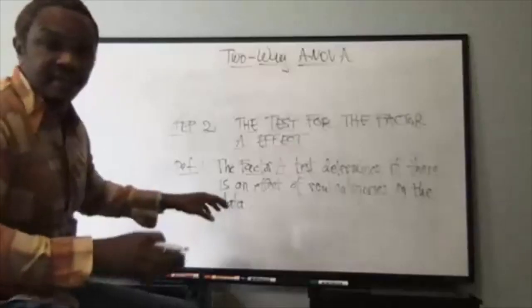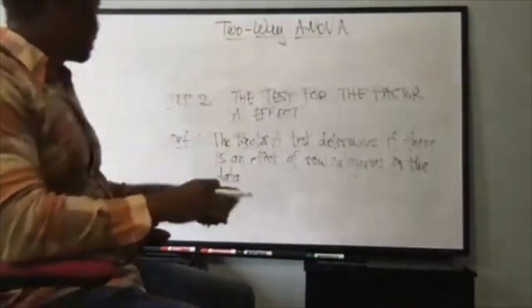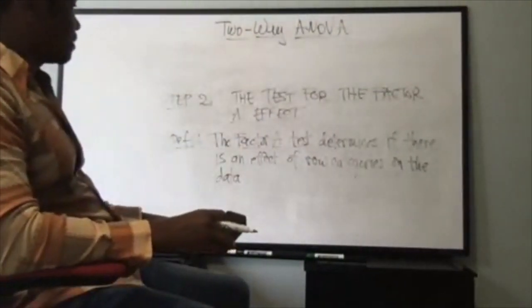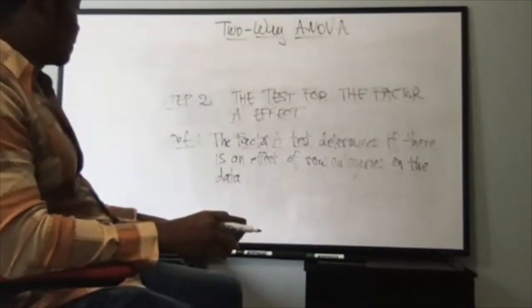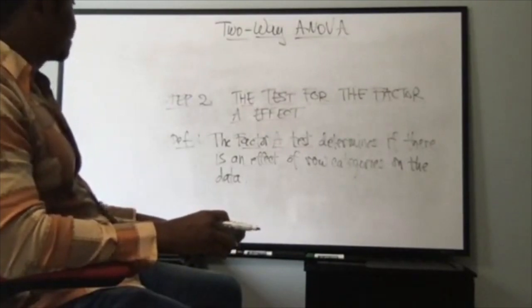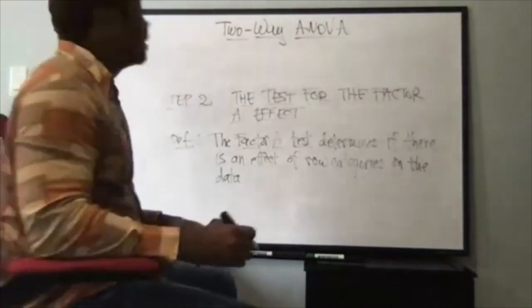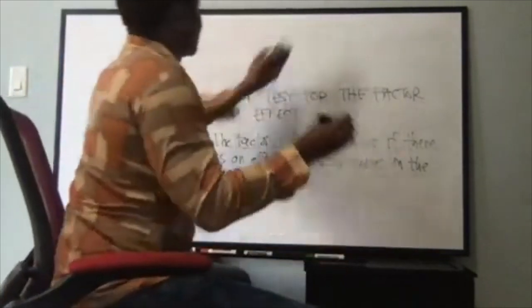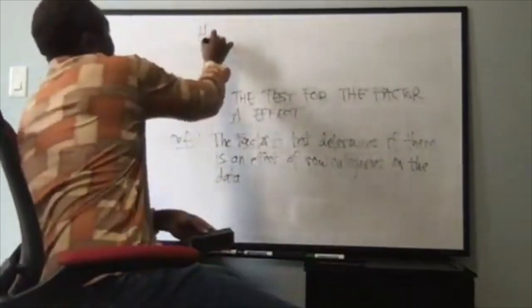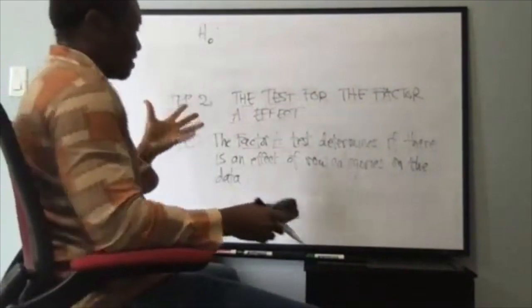Oh, okay. So this says the factor A test determines if there is an effect of row categories on the data. Effect of row categories on the data. All right. Now, in terms of how H sub 0 looks, it's going to look like this. In one-way ANOVA, we're used to writing things a certain way.